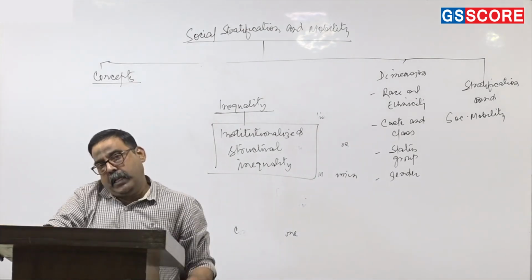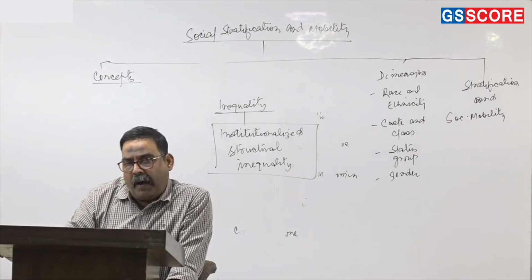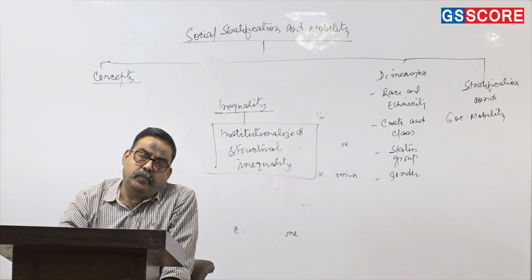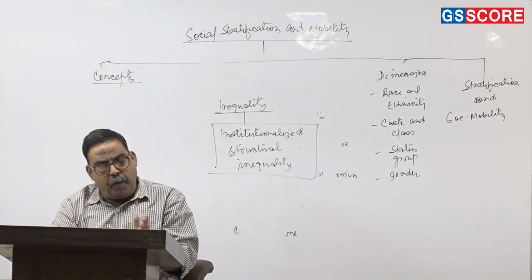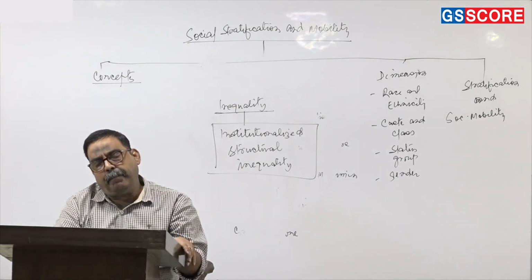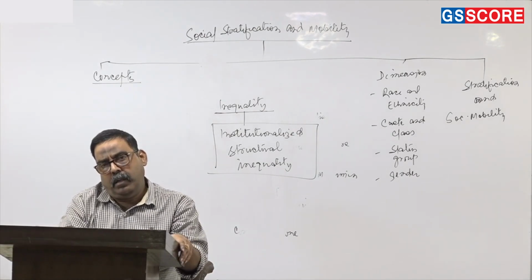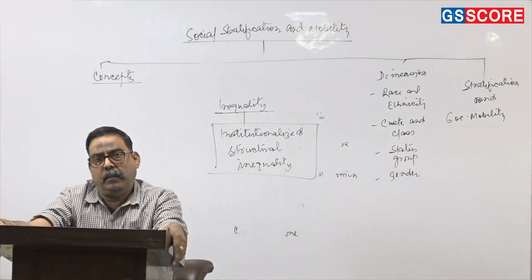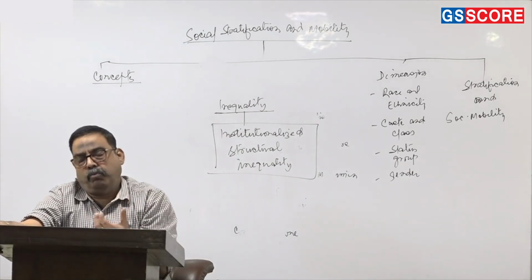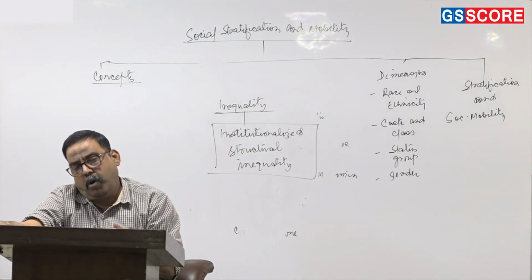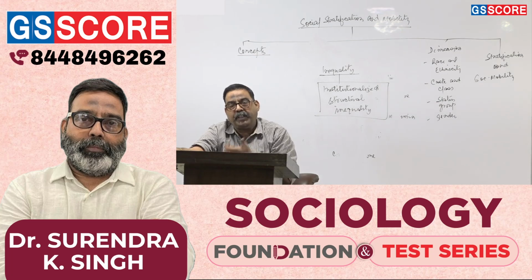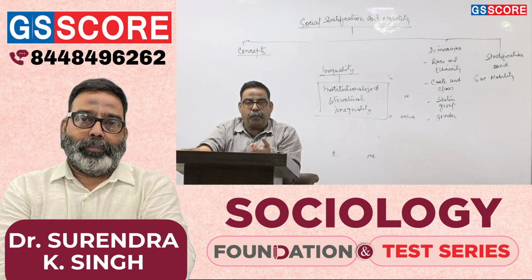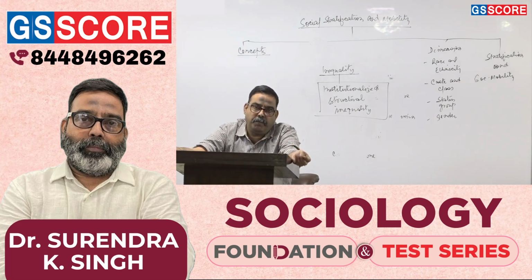But since a structural functionalist analysis of social stratification has been there, in the earlier phase we find the development of theoretical and methodological models, the functionalist versus conflict, the two opposite theoretical streams within which certain sociological propositions of the thinkers start emerging.